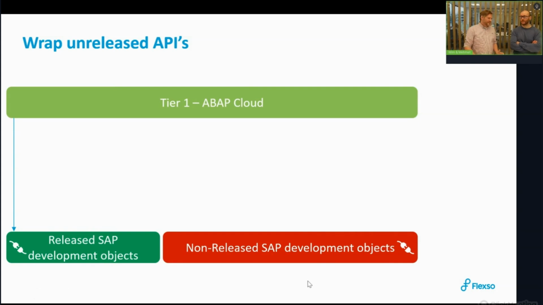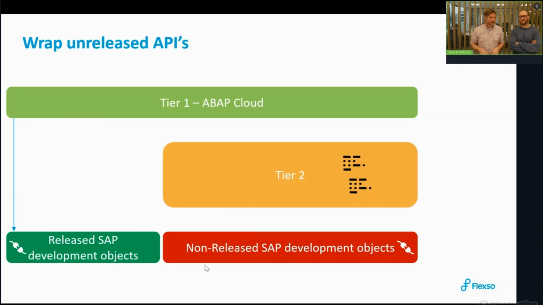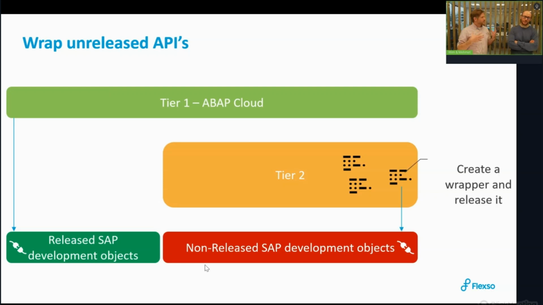Now, SAP noticed that we've got some released objects, but a ton more non-released objects, and some customers really need them. So they introduced a second tier, tier 2, to customers. And what is this tier 2? It's a tier in which they allow you to create your own wrappers.